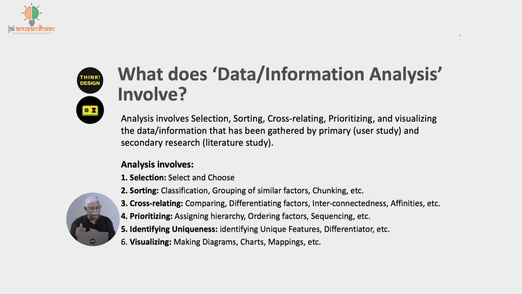Selection, select and choose. Sorting means classification, grouping it into similar factors. Cross-relating, comparing different factors. Prioritizing what is more important and what is less important, and identify things that are unique, which are very pertinent to the topic that you're doing, and if you can actually visualize and map it, nothing like it.